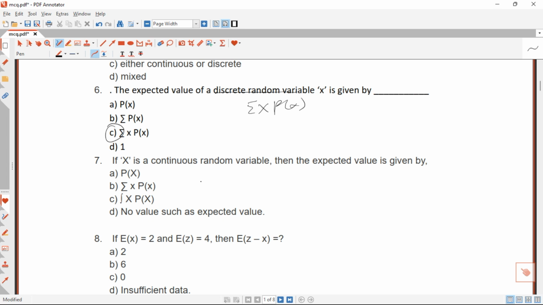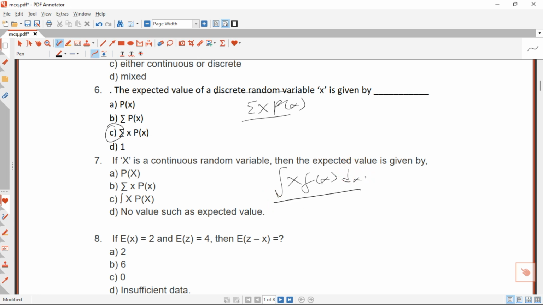For the continuous random variable, if x is a continuous random variable, then the expected value is given by an integral. This one is a discrete random variable, that's the reason why we sum. But for continuous random variables, we integrate. If you want to find the expectation, that's the mean, it is the integral of our random variable times our function f of x dx.